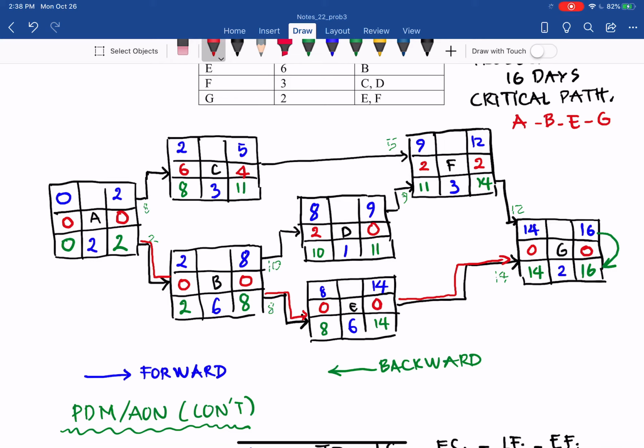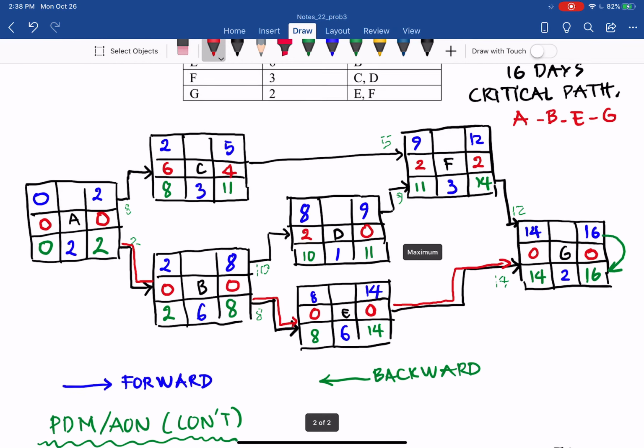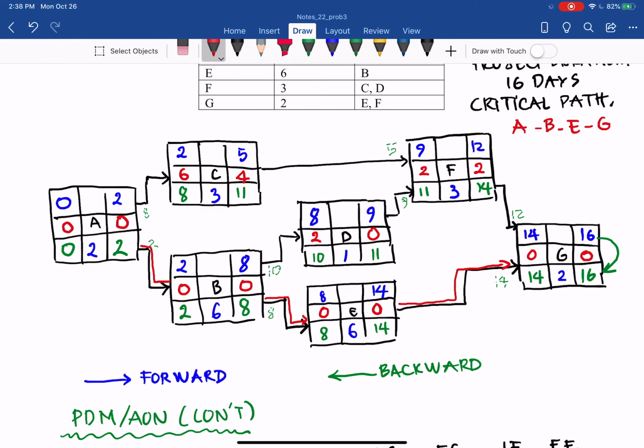Now, free float is the amount of time that an activity can be delayed without delaying the early start of the successor. Let's go to D here. Total float is 2, but free float is 0. The successor of D, as you can see here, is F. F follows D, right?